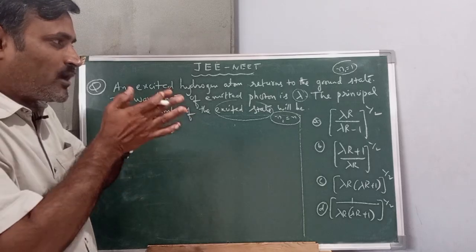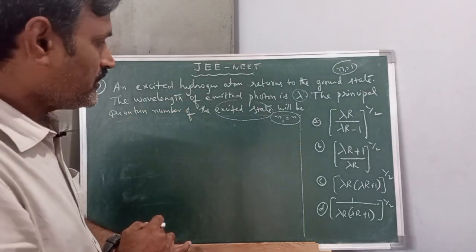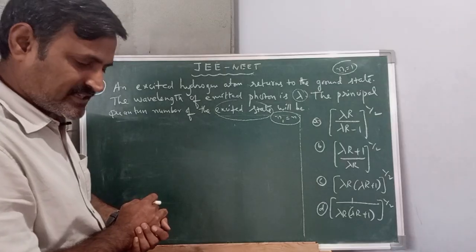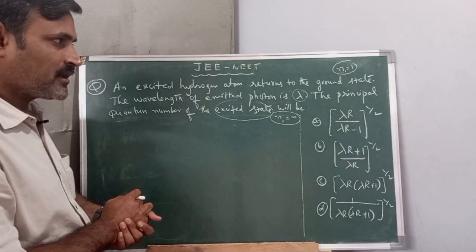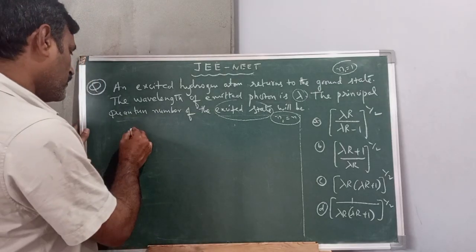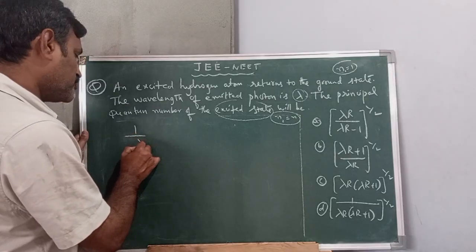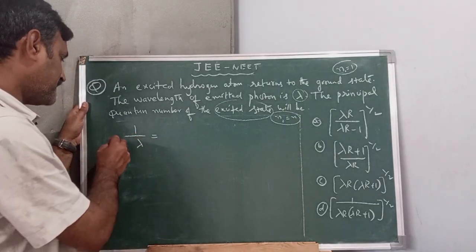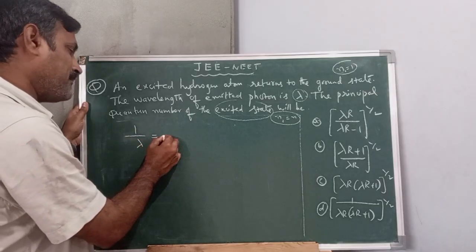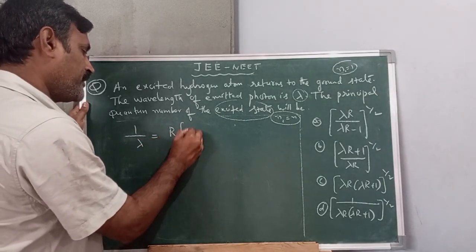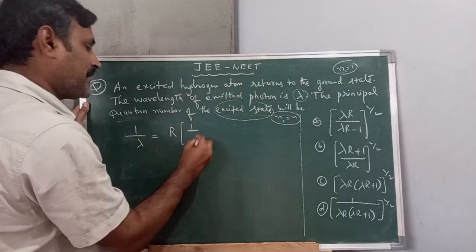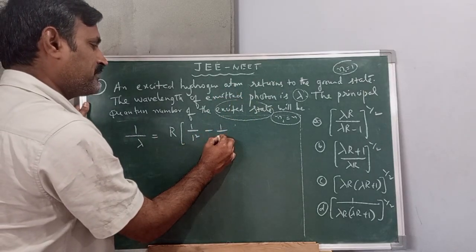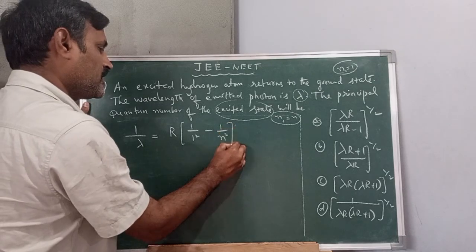When n is equal to 1, the Lyman series concept comes in, in which the formula for the hydrogen wave number of the spectral line is nu bar is equal to 1 by lambda is equal to R into 1 by n1 square, which I am taking as 1 square, minus 1 by n2 square, which I am taking as n square.